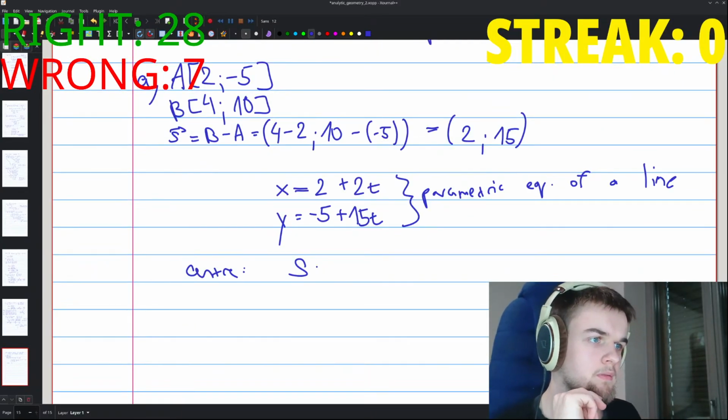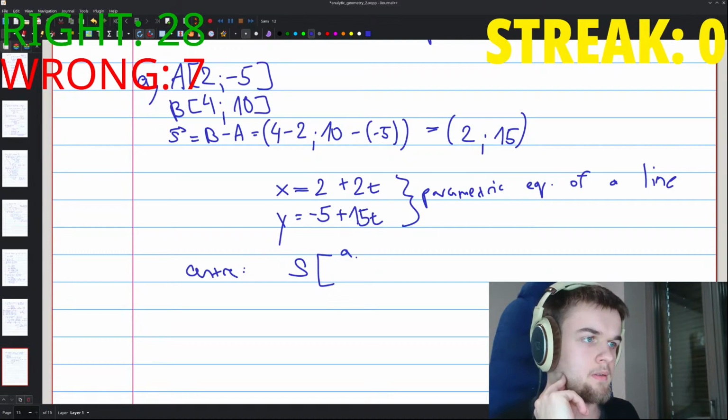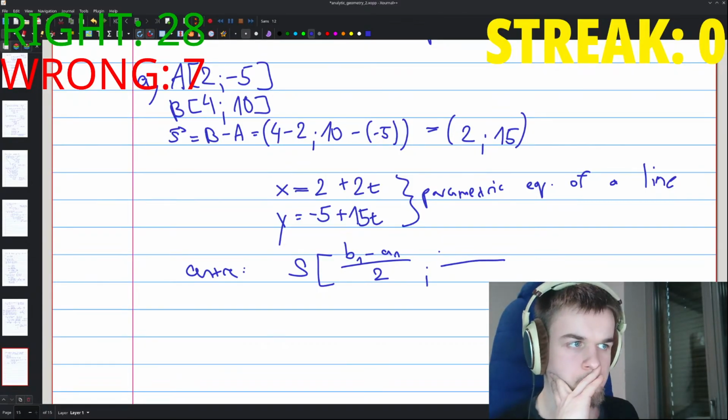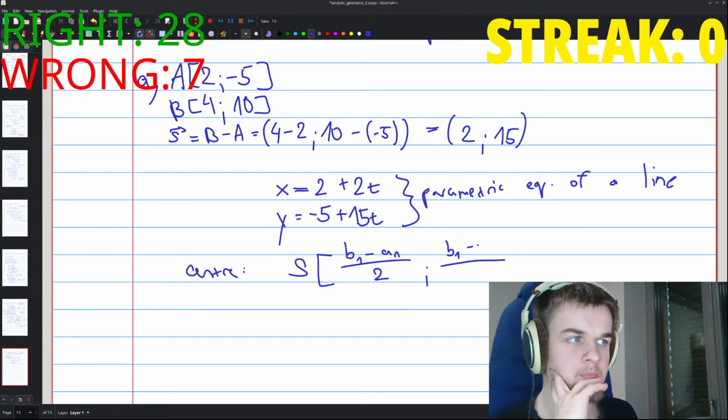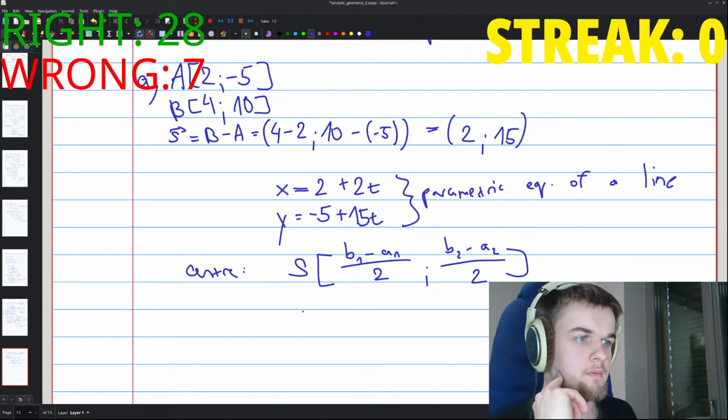So finding a center, it's pretty straightforward. You just have to do a1 plus b1 divided by 2. That's the x coordinate. And for the y coordinate, we do the same.